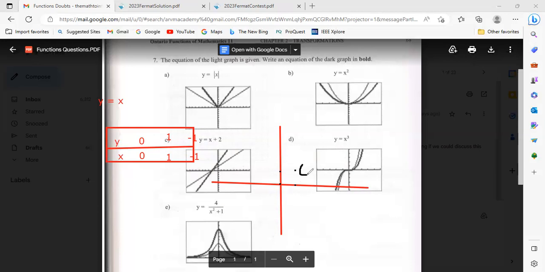This point is going to be my 1, 1, and this is going to be minus 1, minus 1. So the answer for y is equal to x is going to be this. This is the graph for y is equal to x.